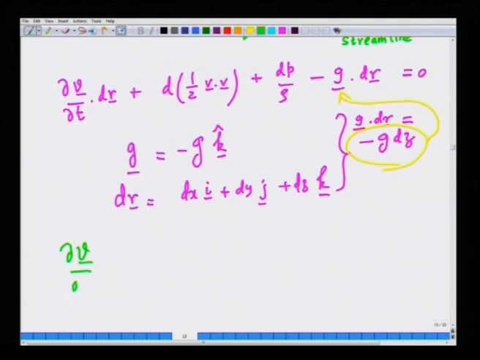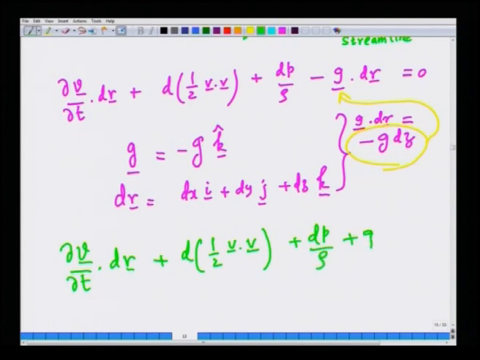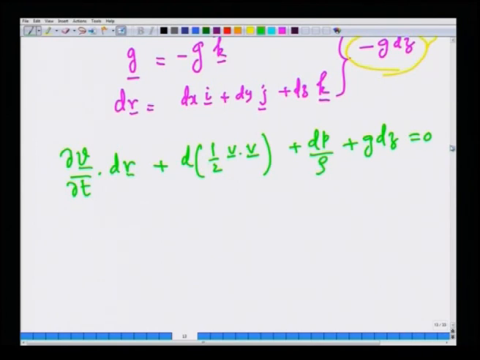That gives dv dt dot dr plus d of half v dot v plus dp by rho plus g dz is 0. Now, there are only 2 cases we can consider: dr is along a streamline, or the vorticity omega is identically 0.